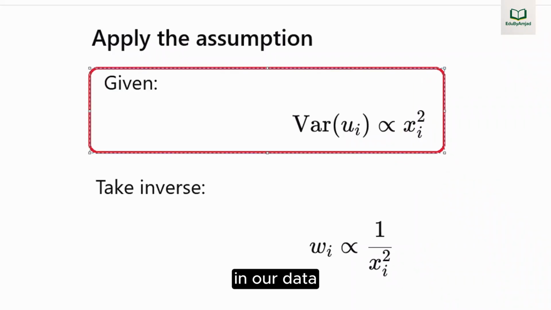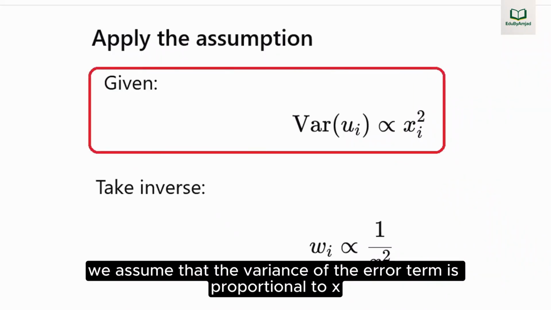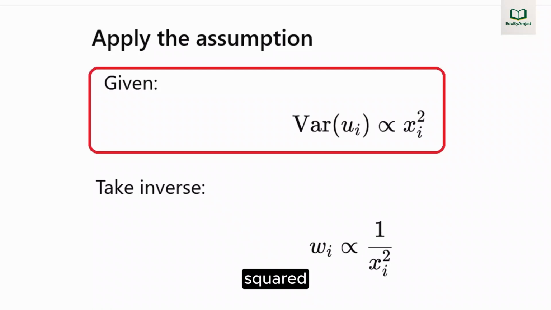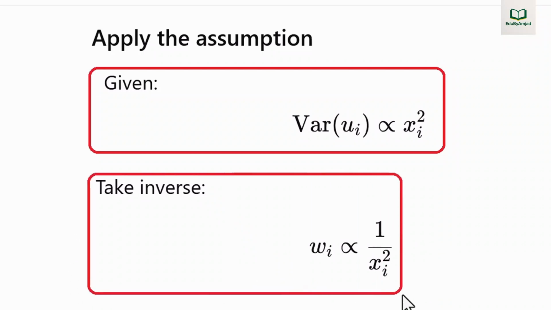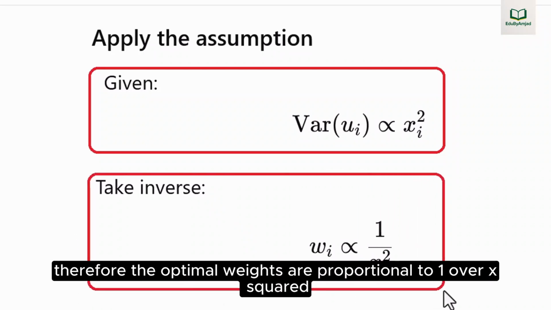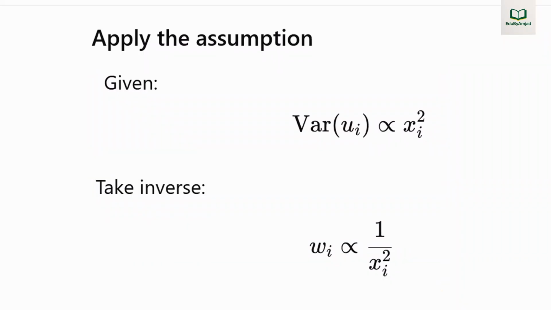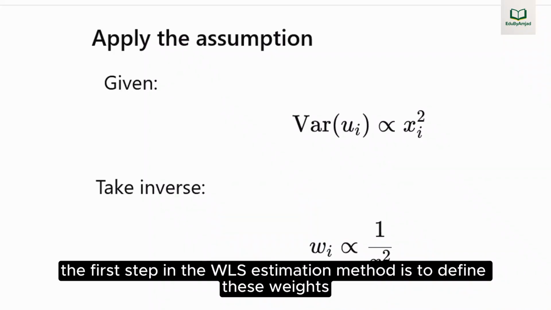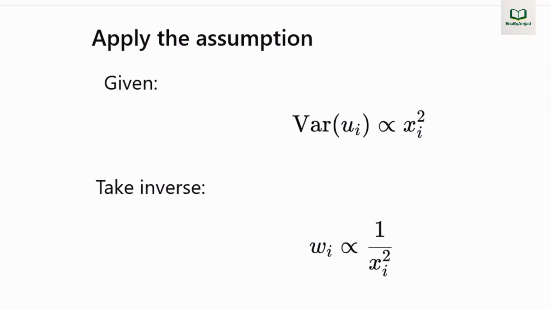In our data, we assume that the variance of the error term is proportional to x squared. Therefore, the optimal weights are proportional to 1 over x squared. The first step in the WLS estimation method is to define these weights.